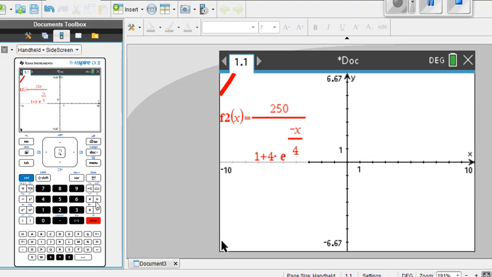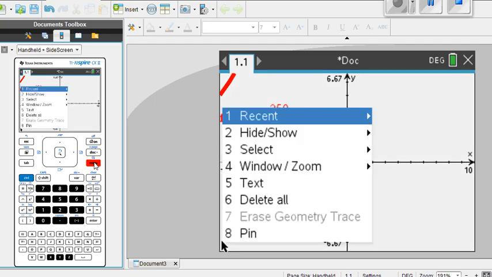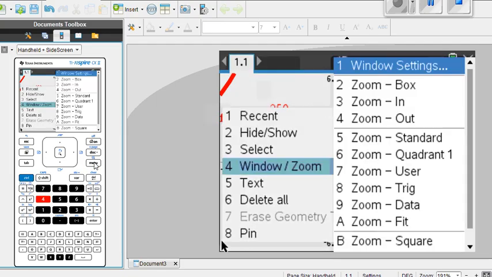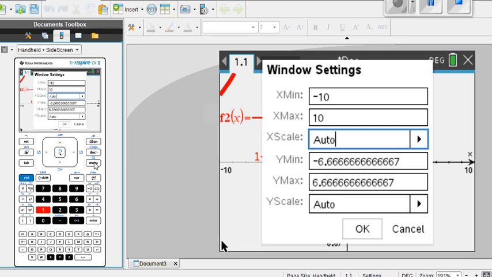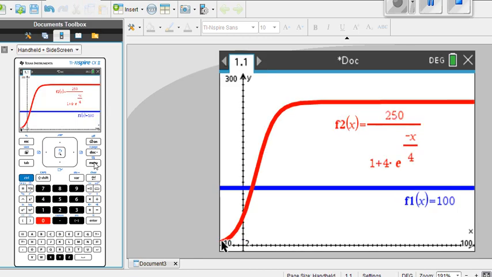I know that this graph has a horizontal asymptote at y equals 250. So that's going to help a little bit with my window. I might make my window go from negative 10 to like 300. And the x values, I'm just going to play some games and see what happens if I go from, well, that was a pretty good guess right off the bat, going from 0 to 100.